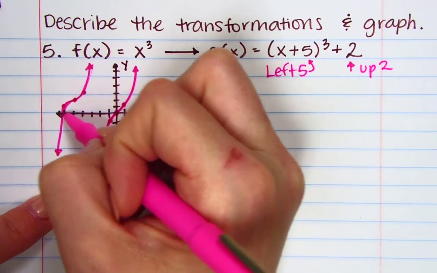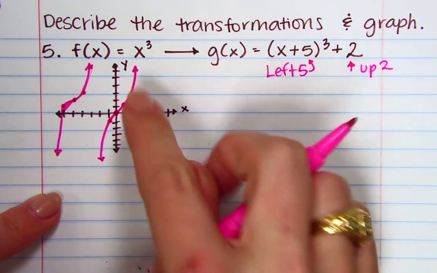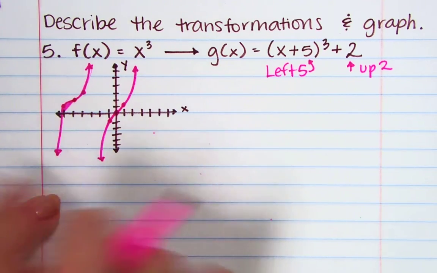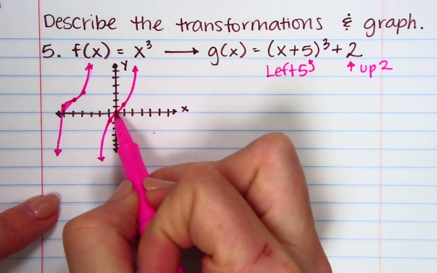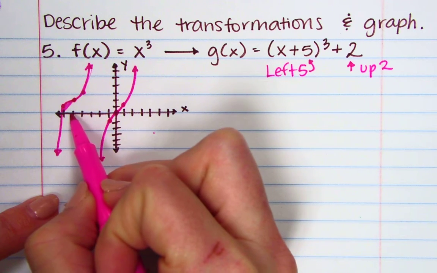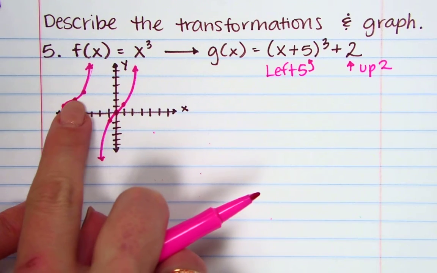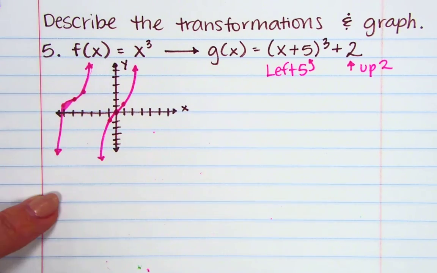I wish mine looked better, but whatever. This one looks really good, but this one's not so great. But what you need to see is that the middle point moved left 1, 2, 3, 4, 5, and up 2, like we said. It was in the exact right place.